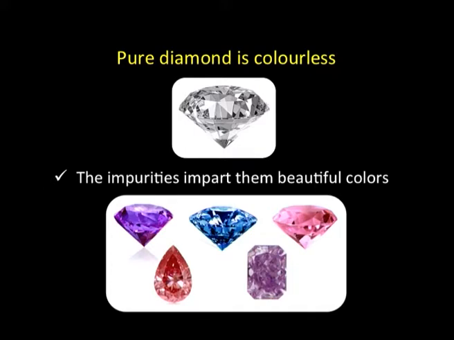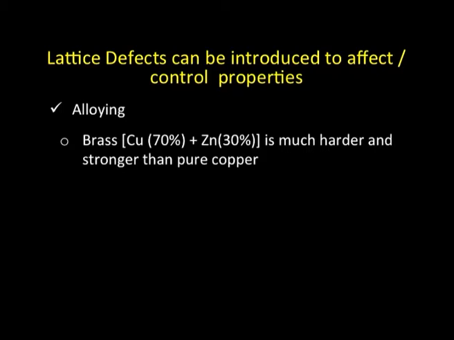Now, in addition to this, the defects we just mentioned are intrinsic, which are there by themselves, but in addition to that, we can even introduce defects into the lattices to control or alter the properties of the solid material. One typical example is that of alloying. We know that brass is an alloy of copper and zinc. Pure copper has a certain structure and certain properties, but when you alloy with zinc, the properties change.